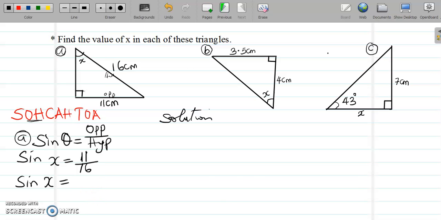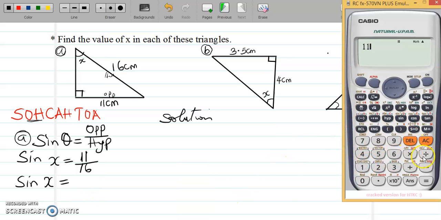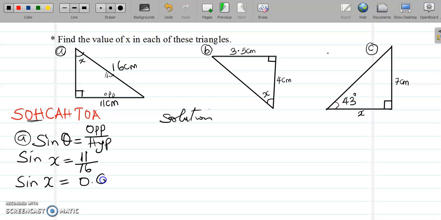So 11 over 16 is 11 divided by 16. That gives us 0.6875. Please, this is not the answer. To find x, from the previous class we did, we take the sine inverse of 0.6875.